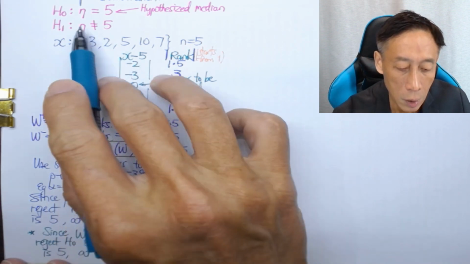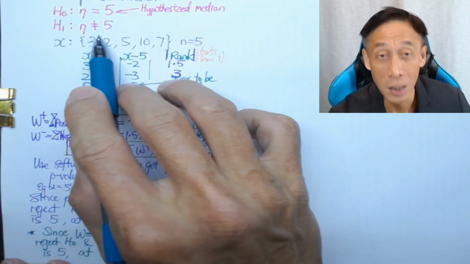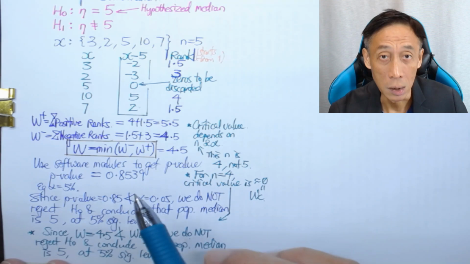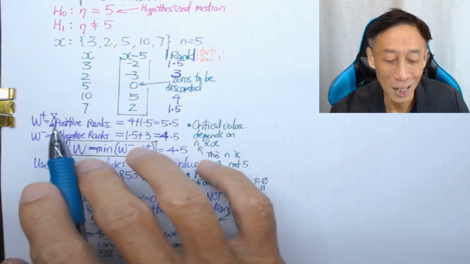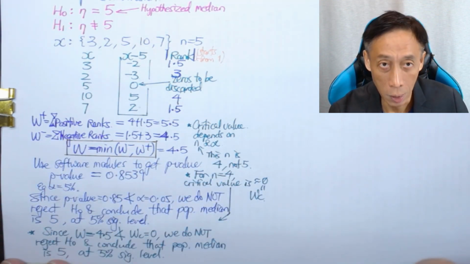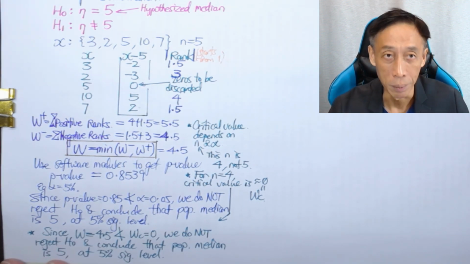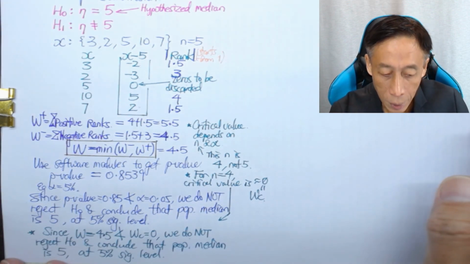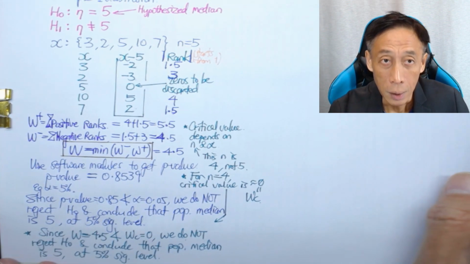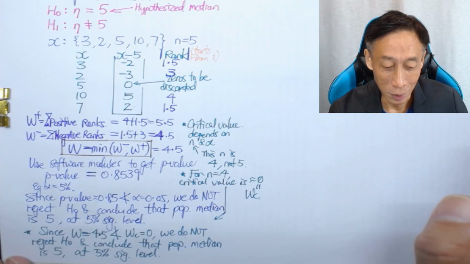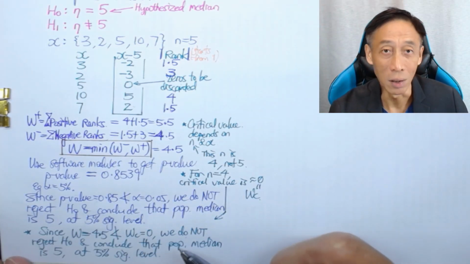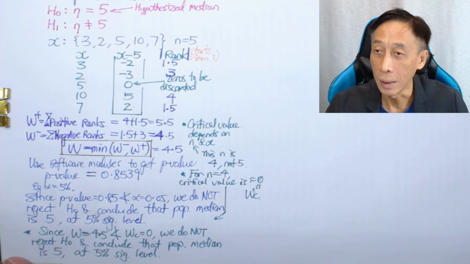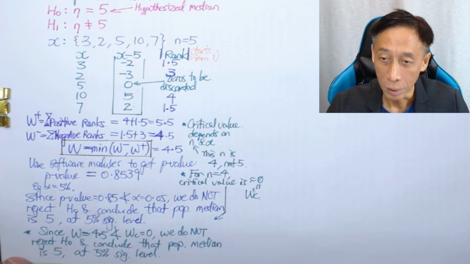If the alternative is that eta is greater than 5, then we want to see whether the test statistic, the plus side, is still very extreme. Then we can check accordingly. That pretty much is our example, because we want to reach the statistical conclusion here. And that's it.